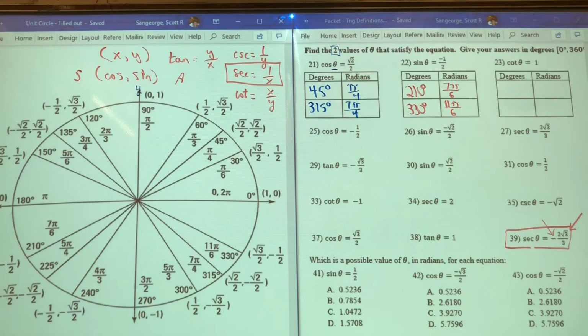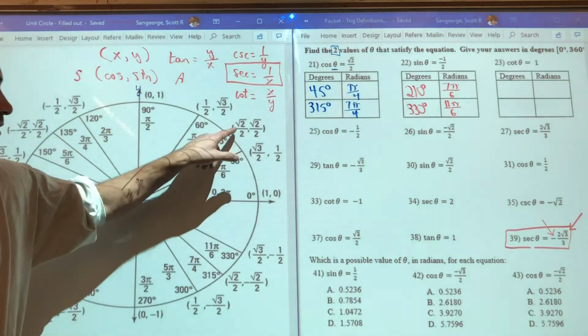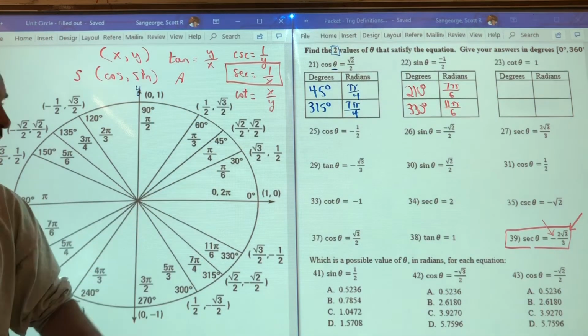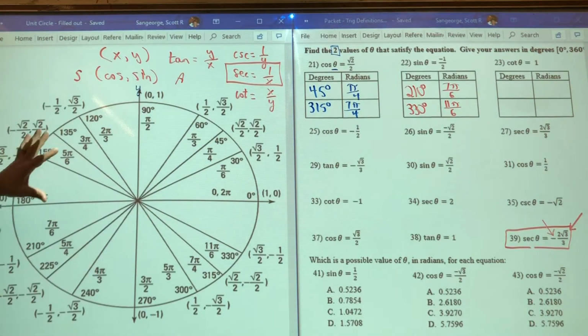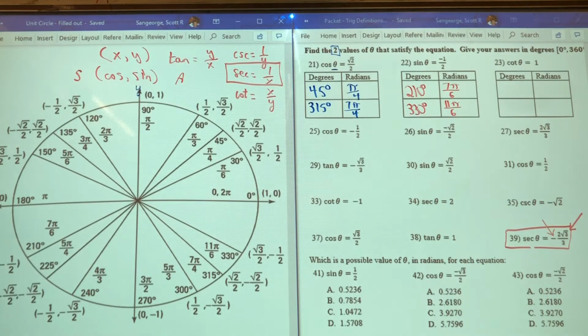Well, secant has to do with x. It's 1 over x. So let's look at the x values when x is both negative and has a square root of 3 in it. So all the x's in quadrant 1 are positive, so we're not dealing with any of those. But the x values here are negative, so this could be where we're looking. And I'm looking for something that has a square root of 3 in it. And it looks like this has a square root of 3 in it.